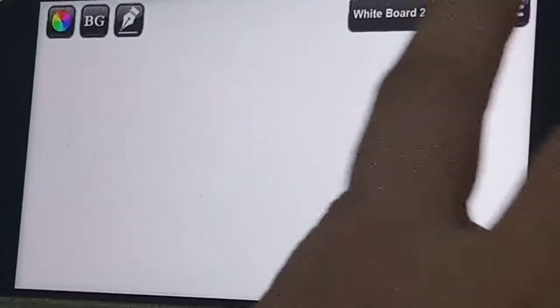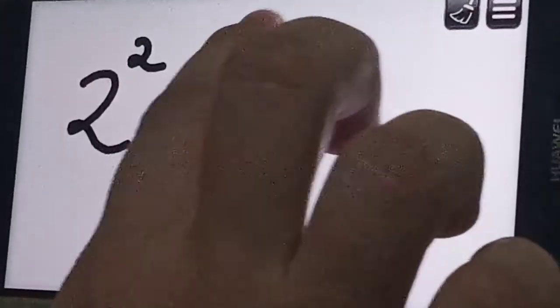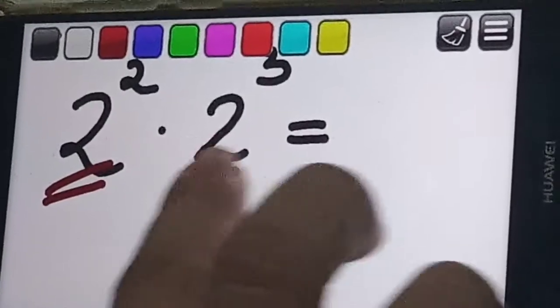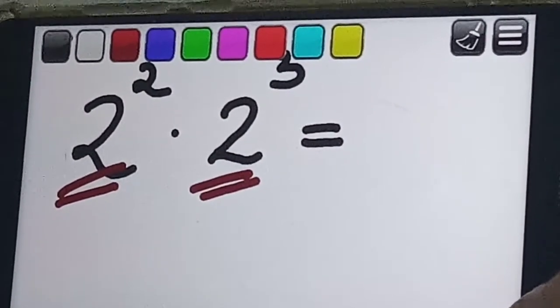Another example, if I have 2 to the second power times 2 to the third power. In this case, the base is 2. This is still multiplying powers with like bases.